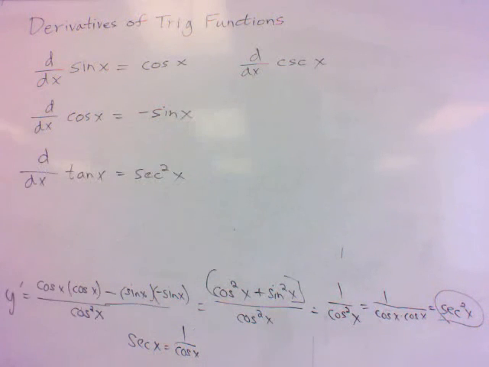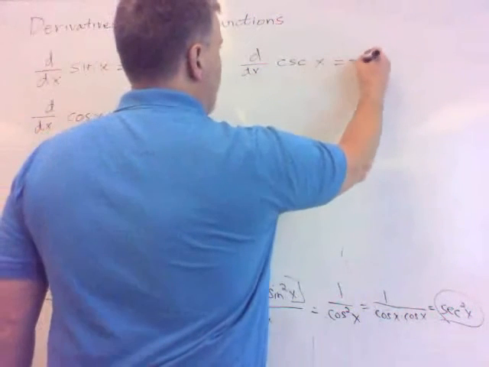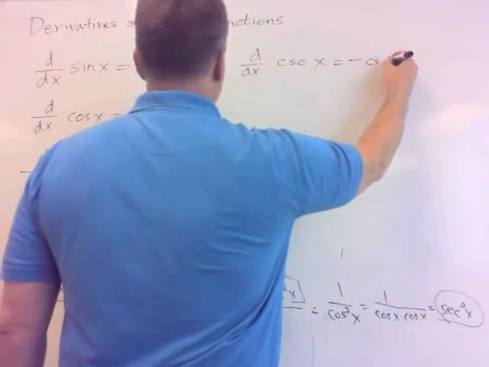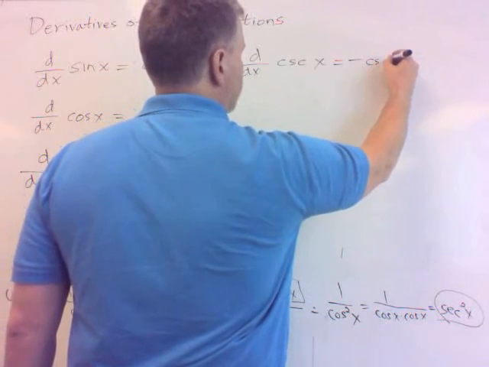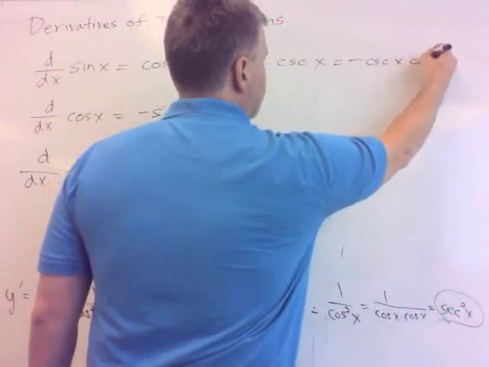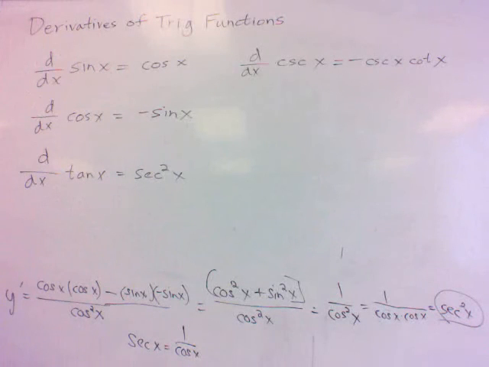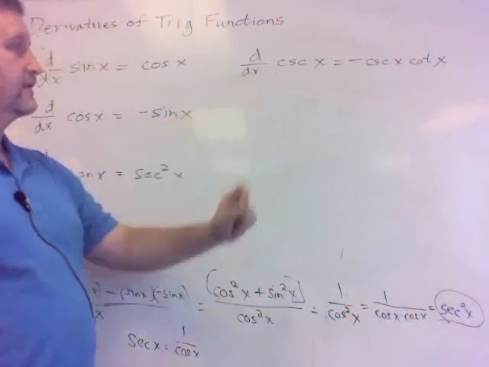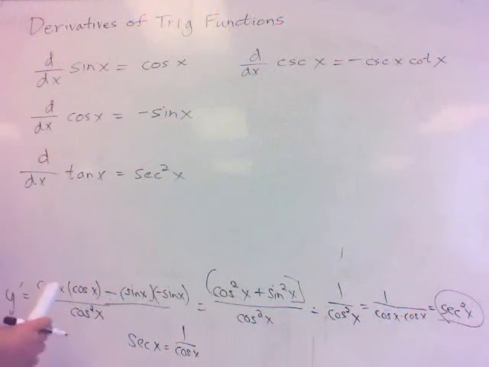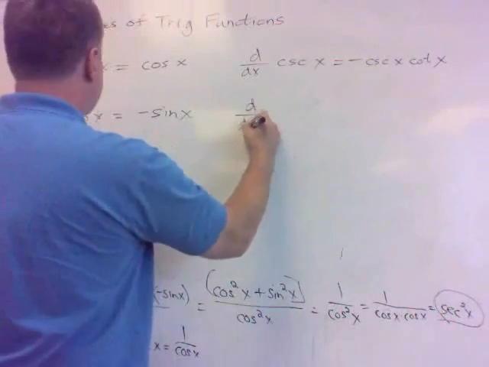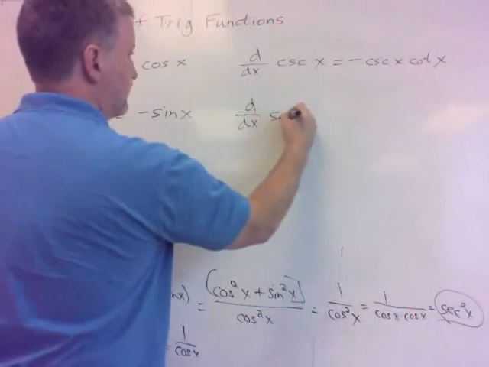It turns out it is minus cosecant of x cotangent of x. Like I said, if you do this sort of thing with it, it comes out very similar. Use your quotient rule and all that. So that's the derivative of cosecant: minus cosecant cotangent.